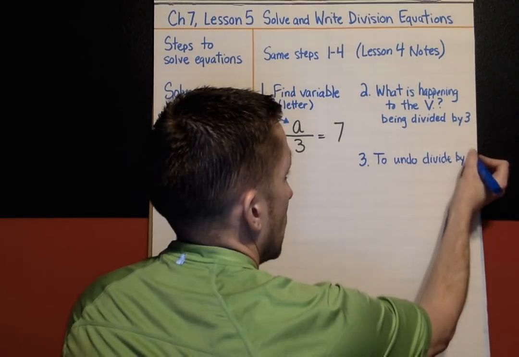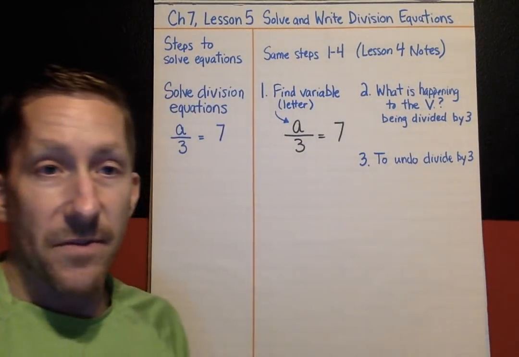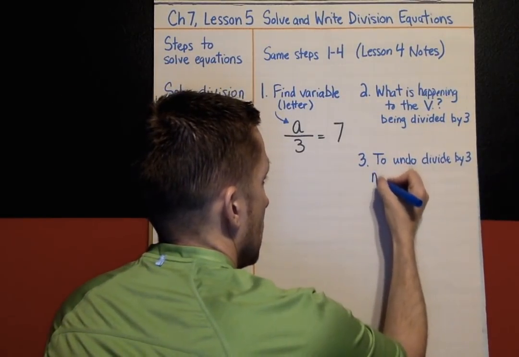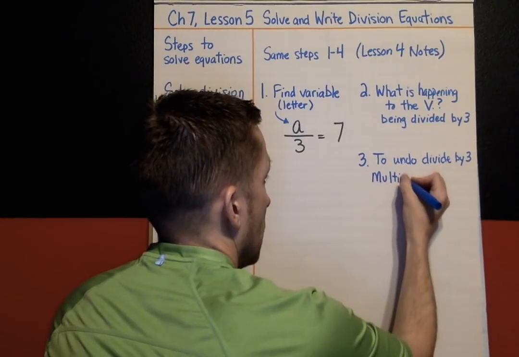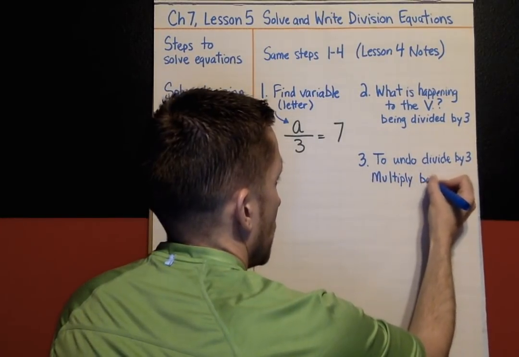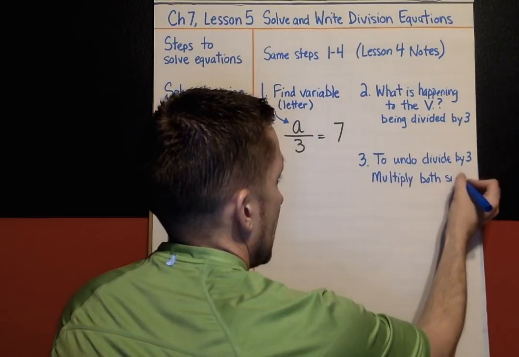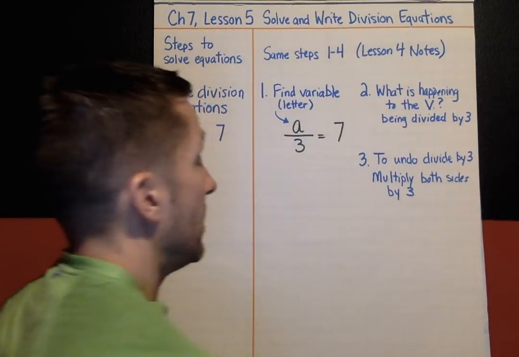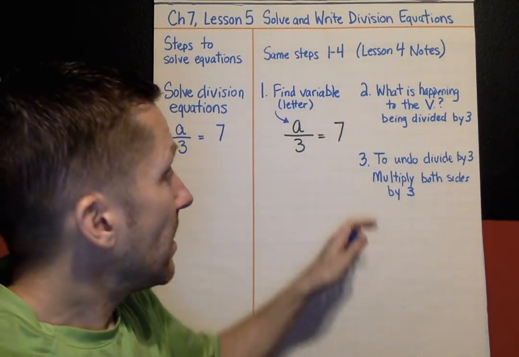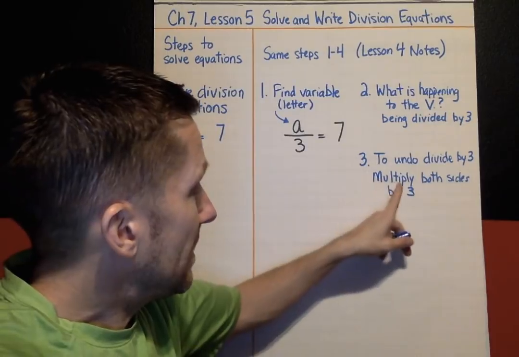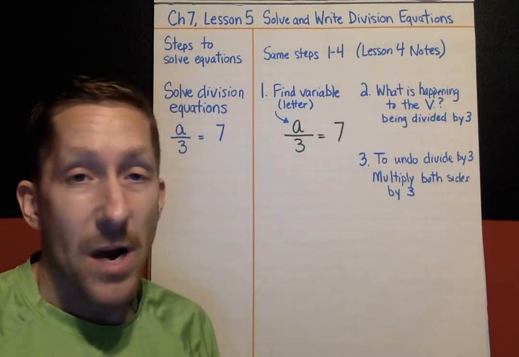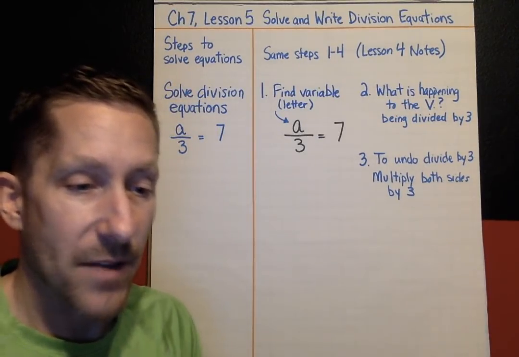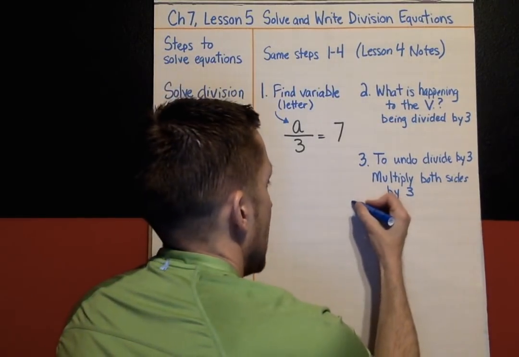To undo divide by 3, we are going to multiply both sides by 3. And this is the multiplication property of equality right there. We're going to multiply both sides of the equation by 3. Okay, so I'll write that.